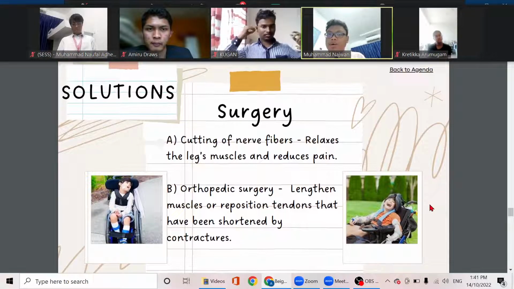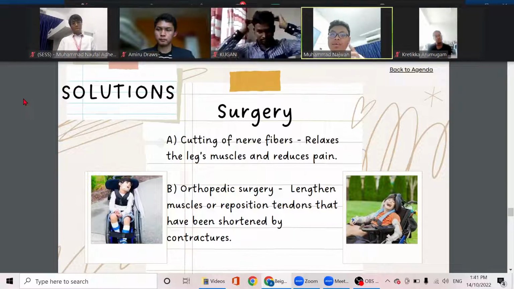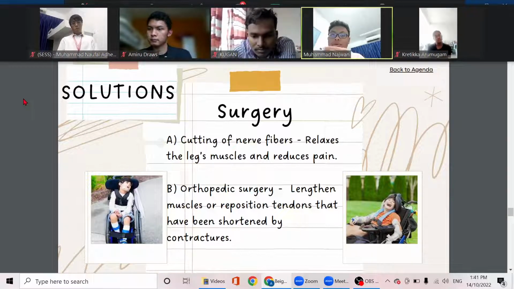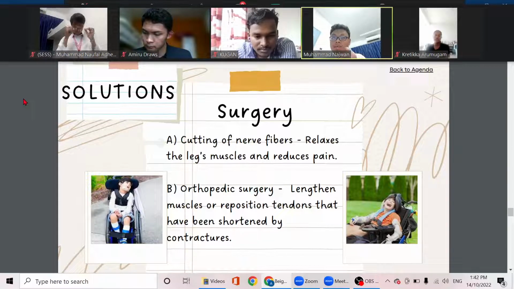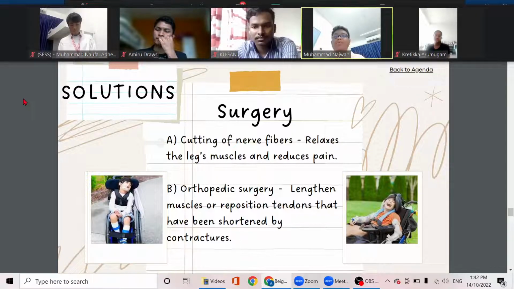Hello, guys. My name is Muhammad Najwan, and I'm going to talk about the continuation for the solution in cerebral palsy. Okay, for the last part is surgery. Surgery is one of the last solutions, if the other two solutions, therapy and medication, don't work. For the surgery part, the first way is cutting of nerve fiber.